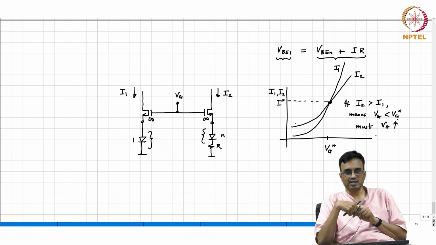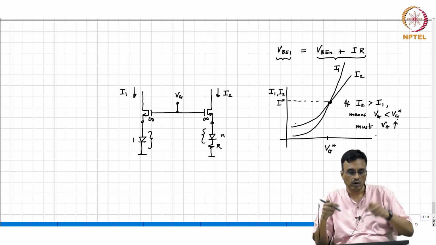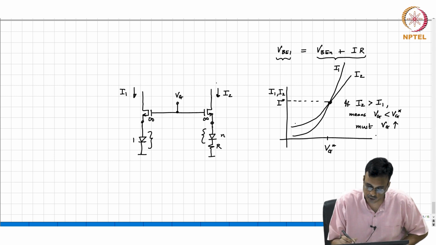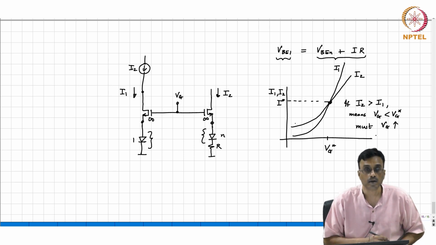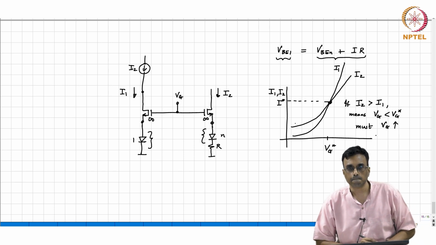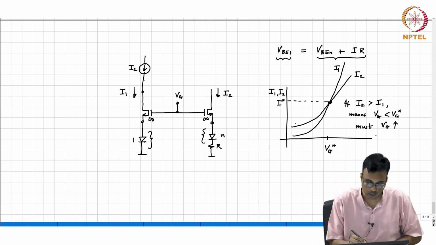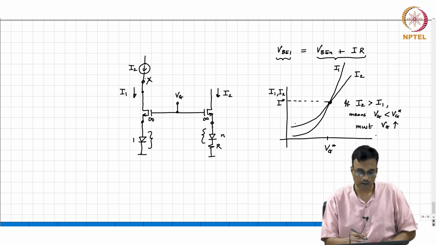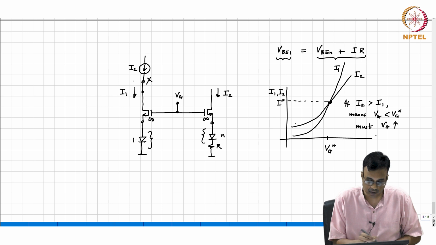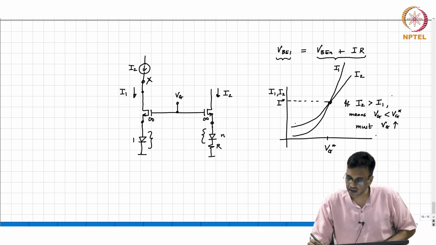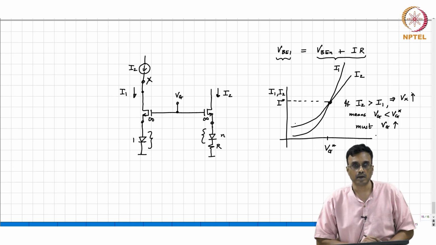And comparison is difference. So if I somehow make a copy of I2, okay. If I2 is greater than I1, what comment can we make about node X? If I2 is greater than I1, which means Vx goes up.